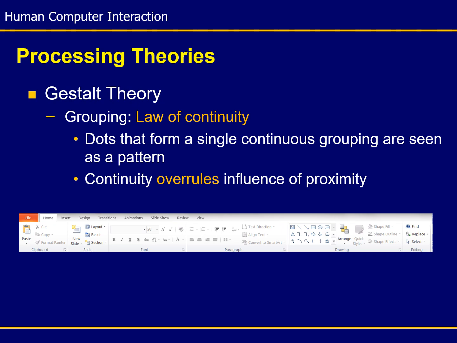A few years back, they switched to this ribbon. Basically, they took the content that existed inside the dialogs and exposed it in the toolbar of the application. Now, the question is, where is continuity here?